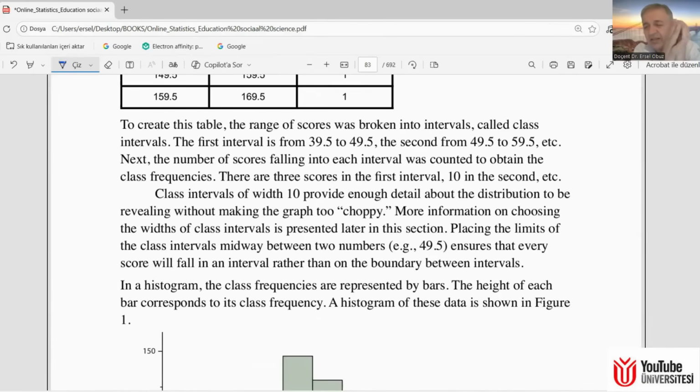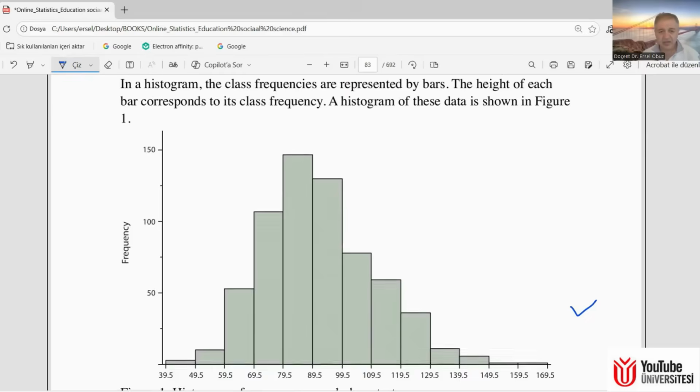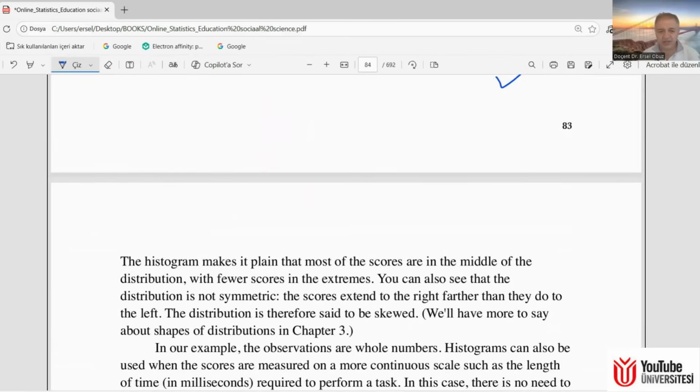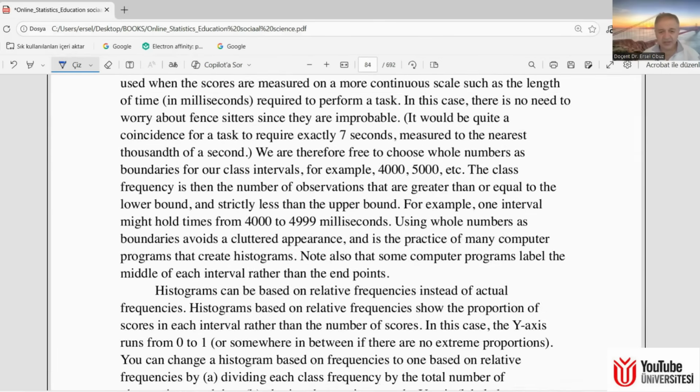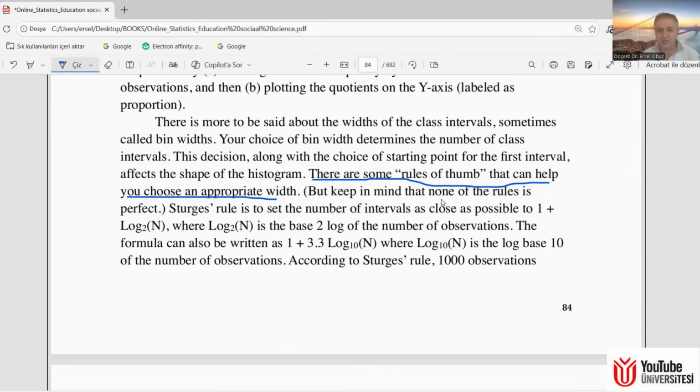So when using histograms, the real question is how many classes should we have? We have different formulas in the literature. Let me see what is given here. Some rules of thumb can help you choose an appropriate width.